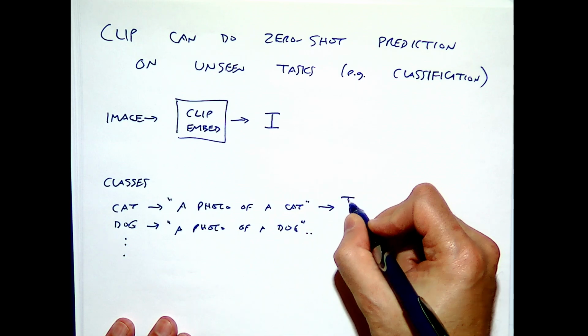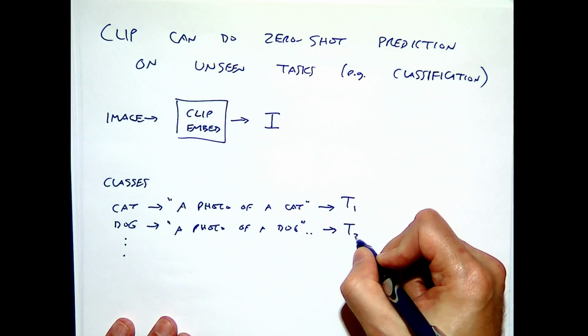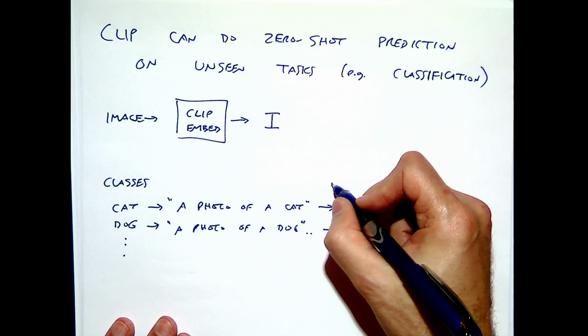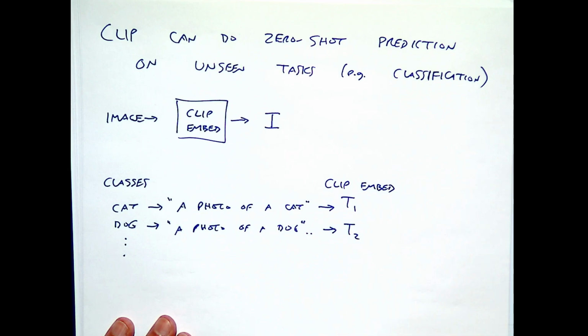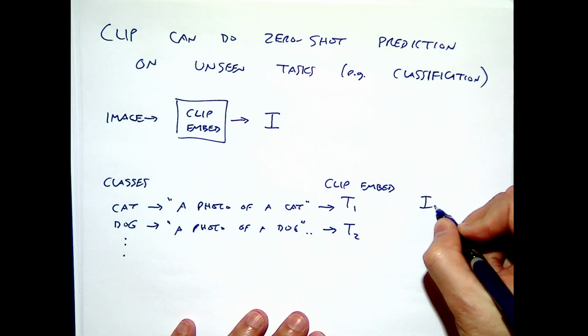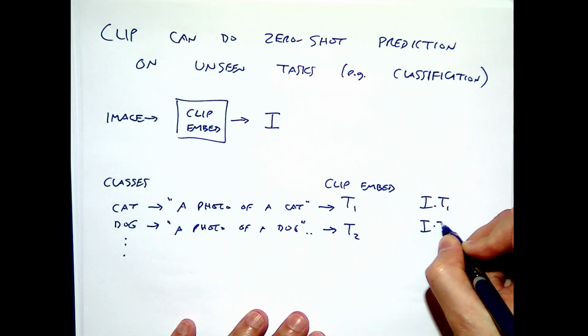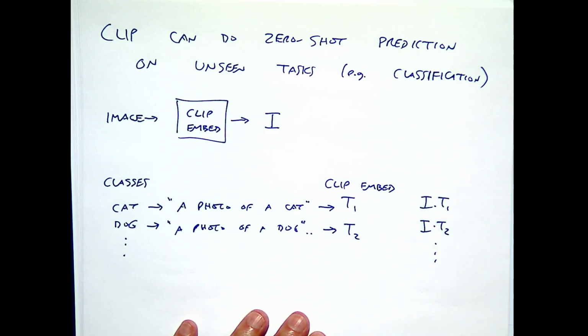Each of these things I can now put into the CLIP text embedding, right? So these are the CLIP embeddings of these things. And then I can simply look at the dot product of each of these and pick the one that has the highest similarity, right? And that gives me a classification, right? There's nothing that needs to be retrained or anything like that. I just use language as the common domain, right?